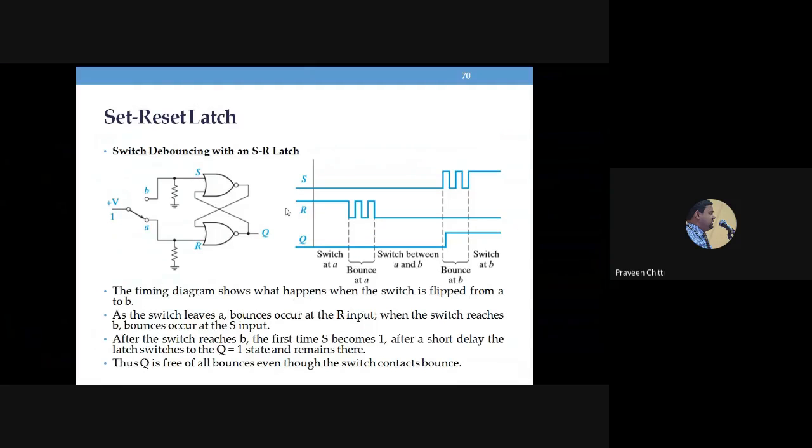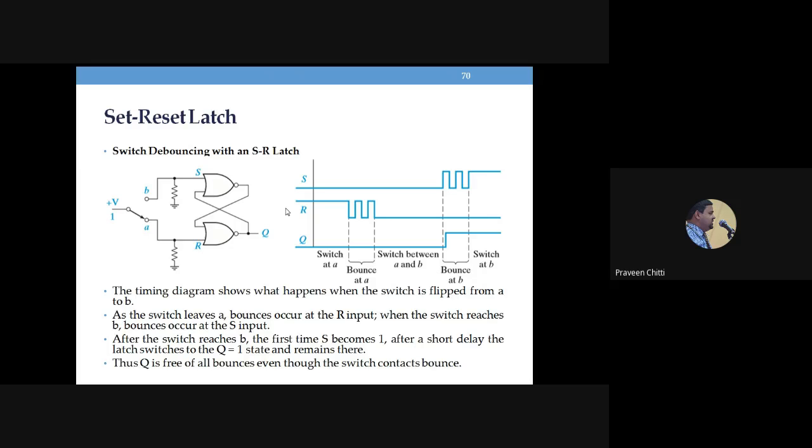This is self-explanatory, in fact, how the SR latch eliminates the key debounce problem. When you connect the switch to the R position, R should assume the value 1 and we should get the output as 0, because R equal to 1 resets the latch. Even if there are multiple closings and openings of that switch at position R, the output should remain 0; that you have to explain.